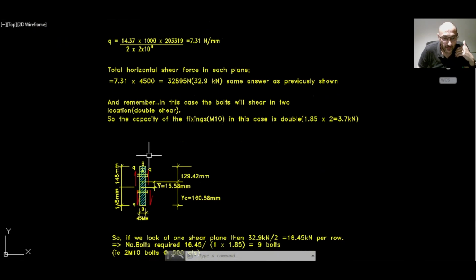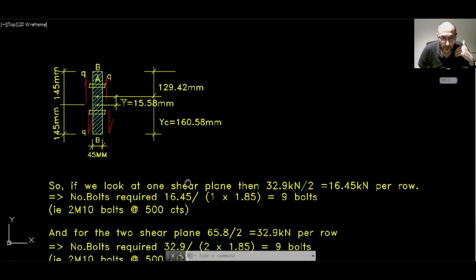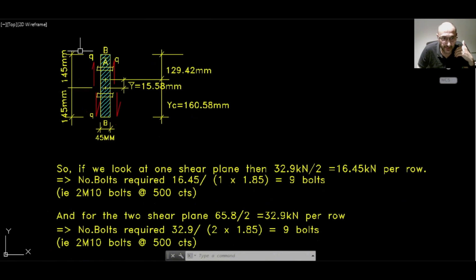Okay, so if we were only to look at one side of element BB, assuming that the bolts will only shear in one plane, for argument's sake, then what would we have?